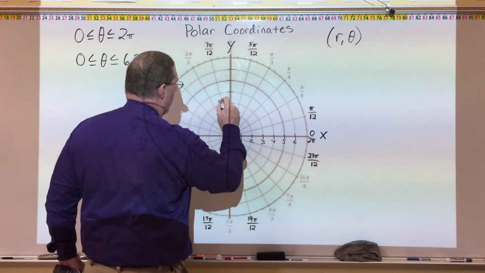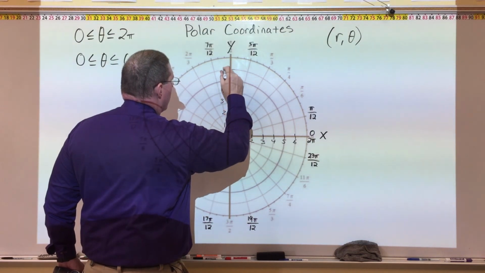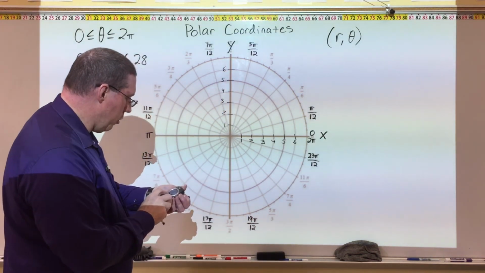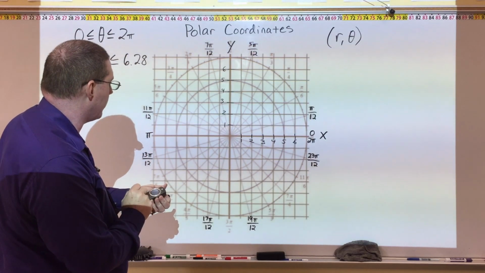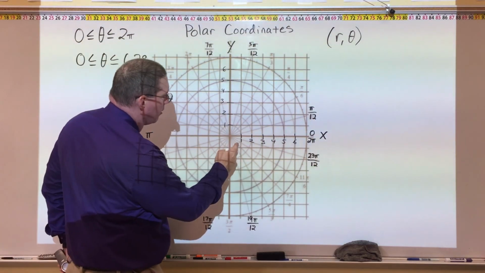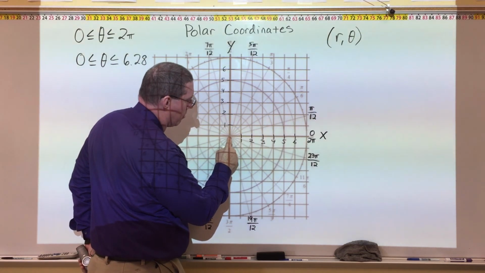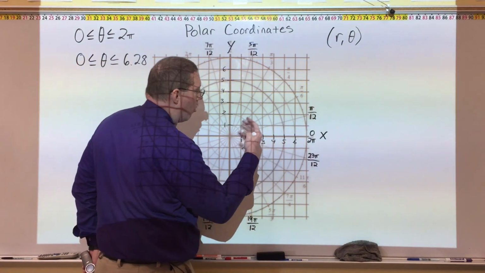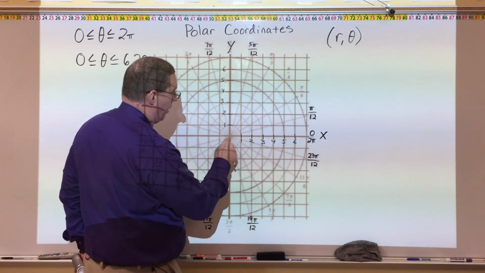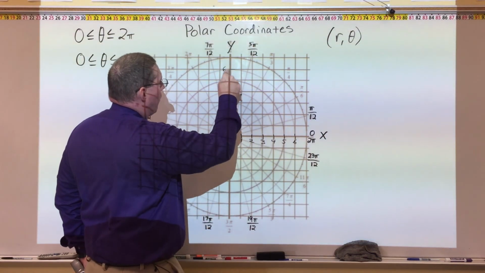Now, if we go to the rectangular coordinates, if we throw the rectangular coordinates in there, you can see that they're in the exact same places, same distances. This is a distance of 1, distance of 2, 3, 4, 5, 6 on the rectangular coordinate plane.